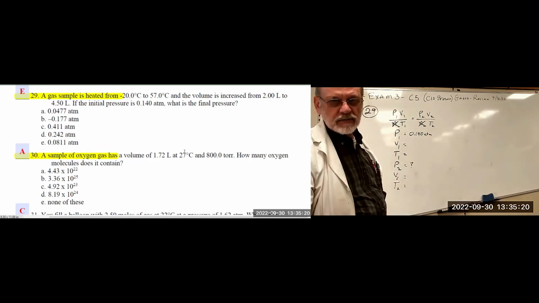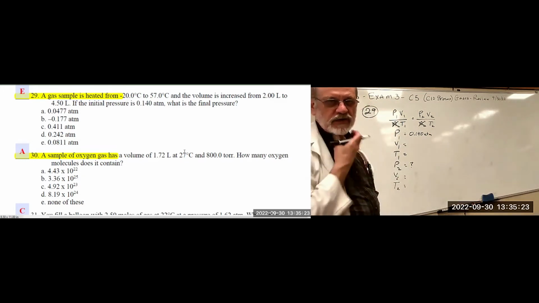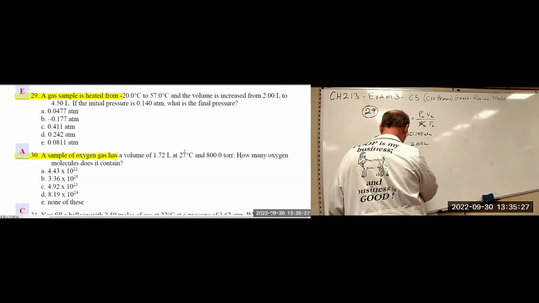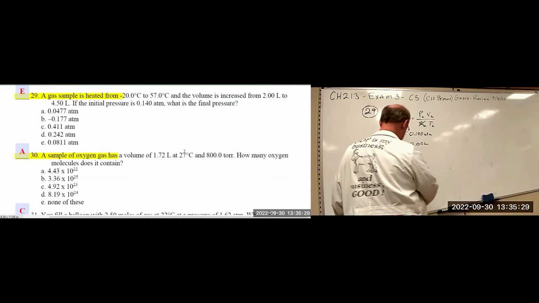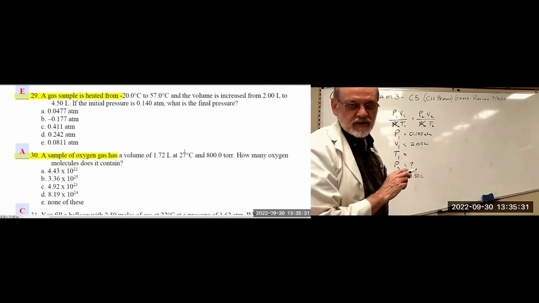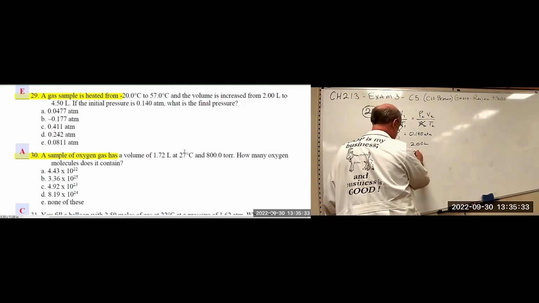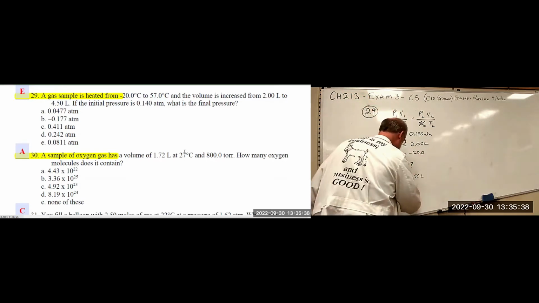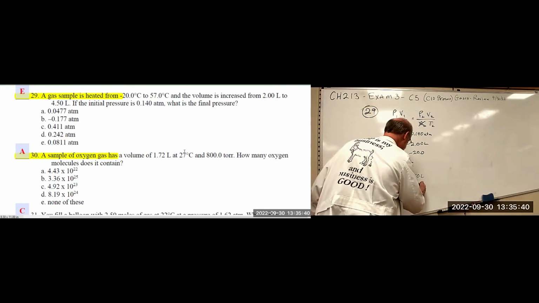The initial volume goes from 2 liters to 4.5 liters. So we've got 2 liters here, 4.5 liters there. And the temperature changed, -20 up to 57 degrees C.